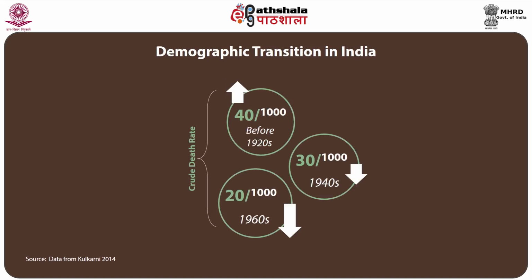The crude death rate, which was relatively very high in the early period of the 20th century, was 40 per 1000 during the early years and has declined consistently, fell steadily from the 1920s, below 30 in the 40s and further to 20s in the 1960s and below 10 in recent few decades now.